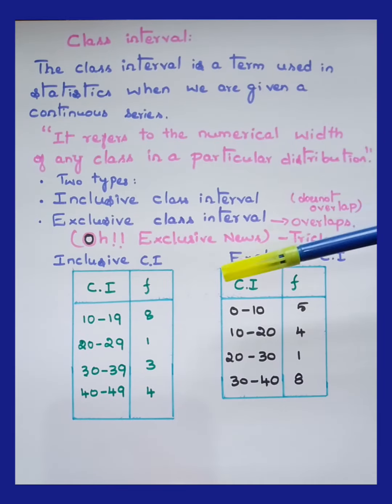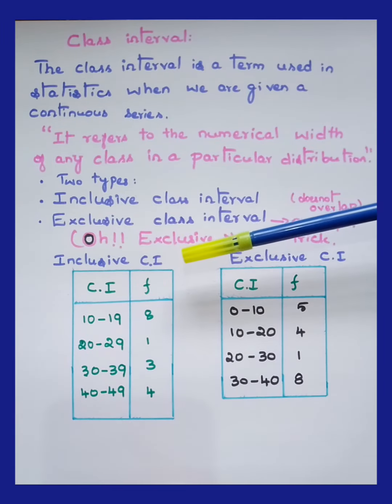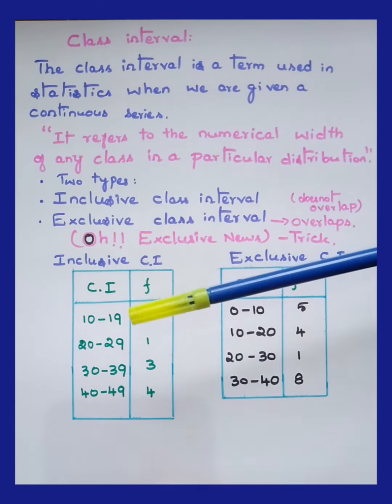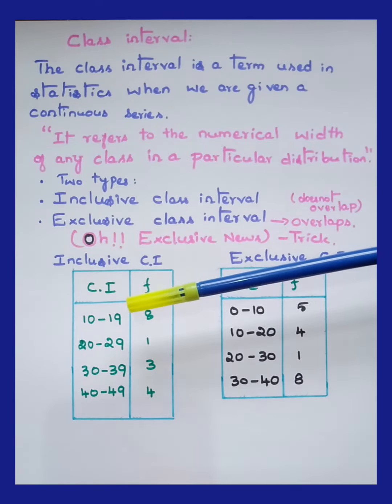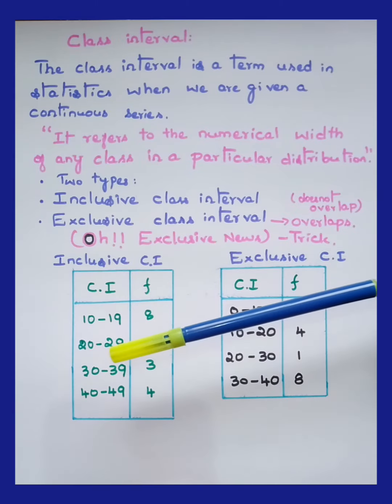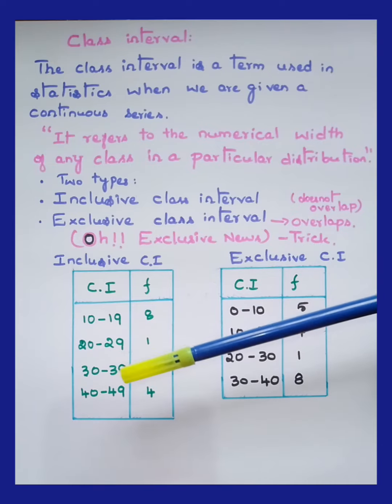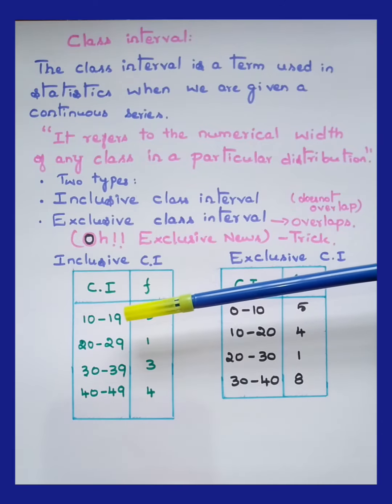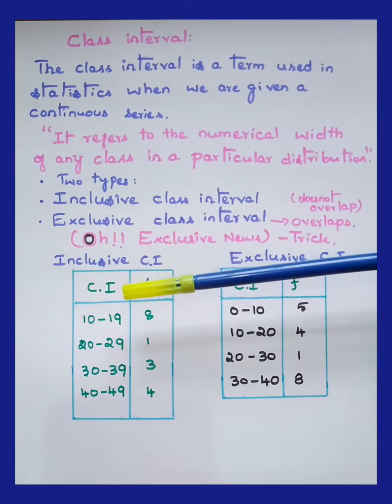We can observe these examples of inclusive and exclusive class intervals given here. Look at this. Numbers are given from 10 to 19 class interval, then 20 to 29, then the next 30 to 39, then 40 to 49. These numbers do not overlap. Up to 19 it is separated, then follows the next number.